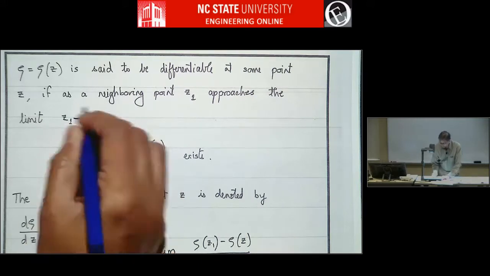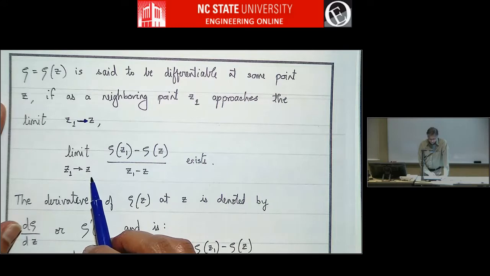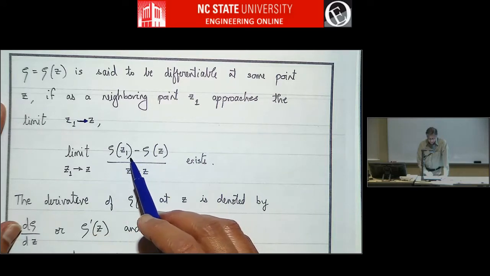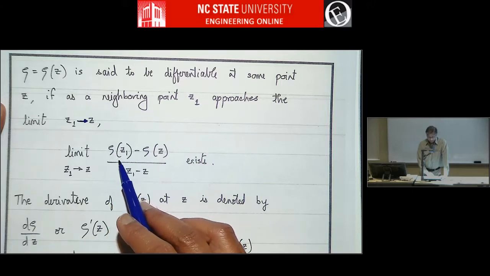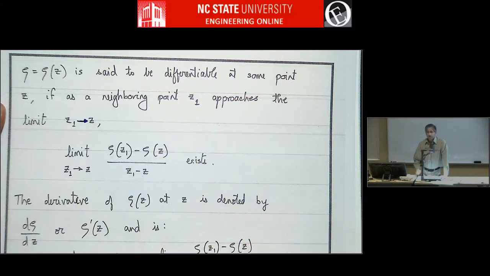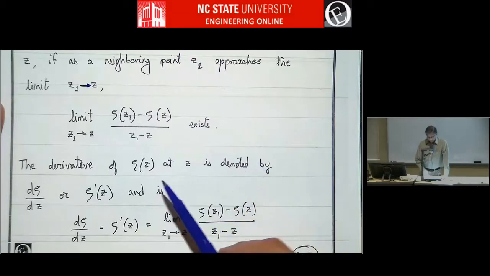We'll draw some pictures to make this clearer. In the limit as z1 goes to z, the derivative should exist. The derivative being zeta at z1 minus zeta at z divided by z1 minus z. This derivative should exist.